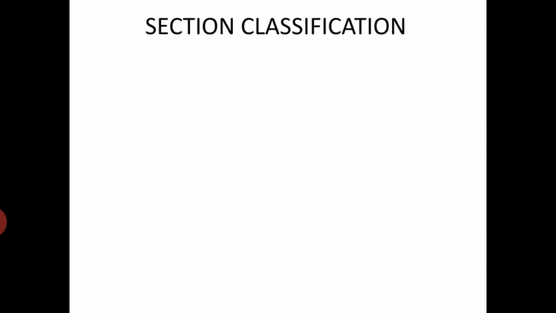If you refer to page number 17 and clause 3.7, they have given the classification of cross sections. This classification is based on the member strength, evaluated when the stresses reach yield stress, and the cross section of the member is to be proportioned in such a way that local or overall buckling of an element of the cross section, such as a flange or a web, does not occur before the limit state of strength is achieved.